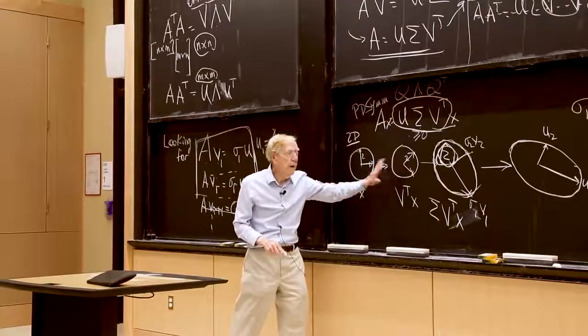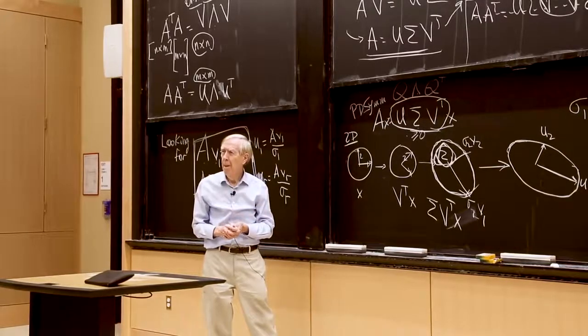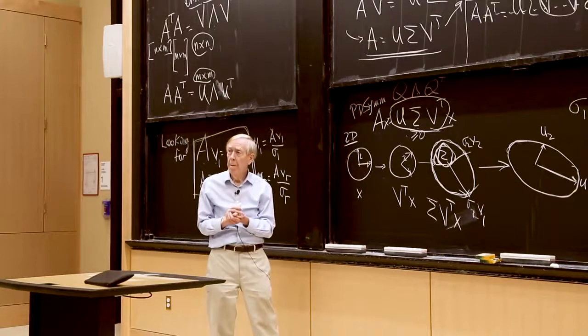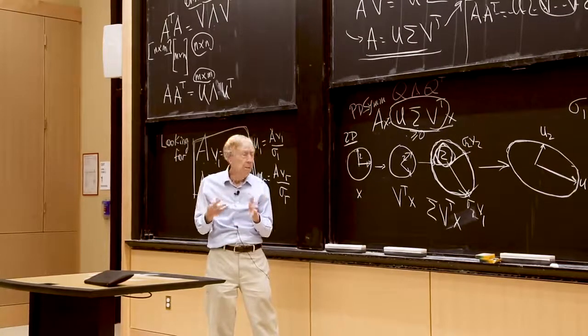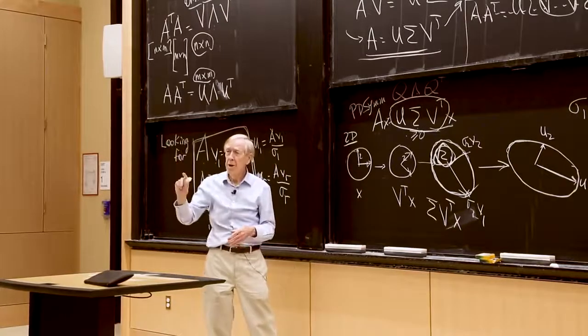How many parameters does a 2x2 rotation require? 1. It's like I have cos theta, sine theta, minus sine theta, cos theta.